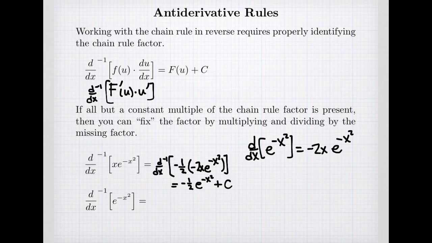On the other hand, if I just had e to the minus x squared, what was missing? I'd be looking for the antiderivative. What was missing was negative 2x, so I would have to do negative 2x e to the minus x squared. And what was missing is 1 over 2x.